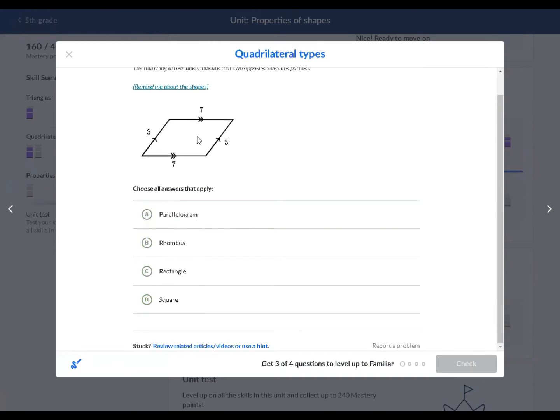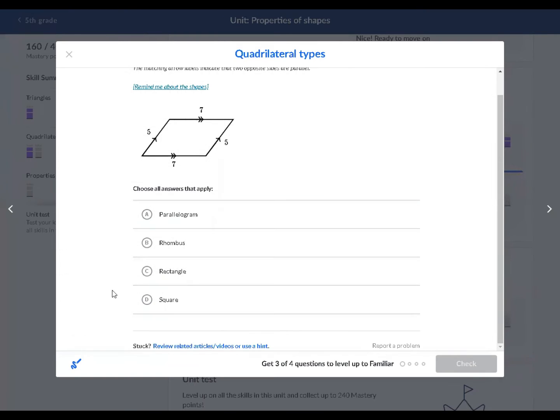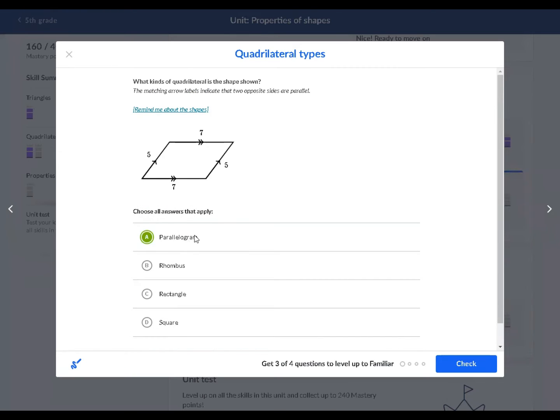So this is clearly not a rhombus or a rectangle or a square, because this is obviously an acute angle. So this is not a rectangle or a square, and it can't be a rhombus because all the sides are unequal. I mean, only opposite sides are equal. So we are left with parallelogram.